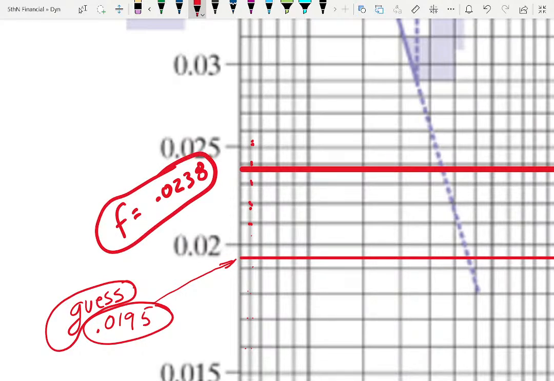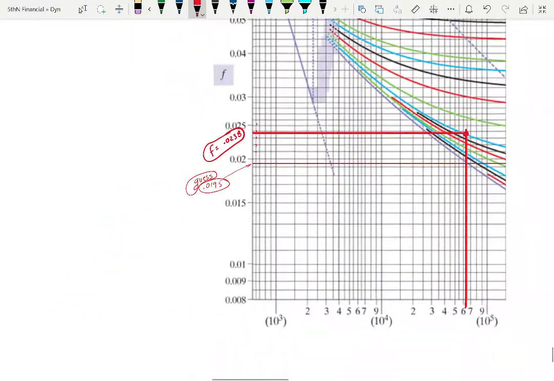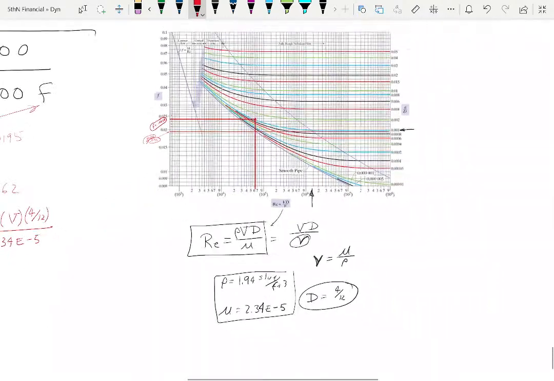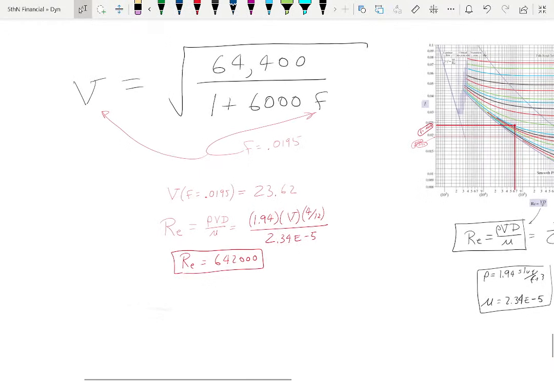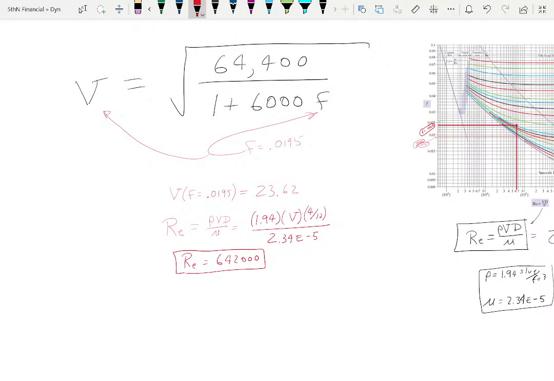So the Moody diagram tells me that f as a function of the Reynolds number and epsilon over D becomes approximately 0.0238.